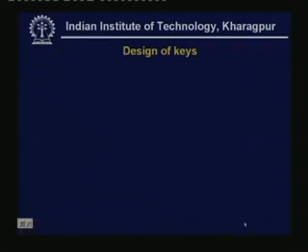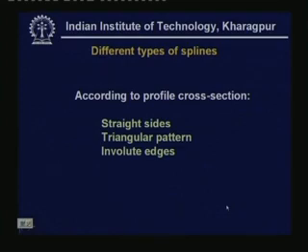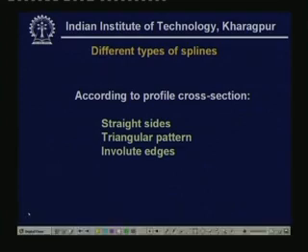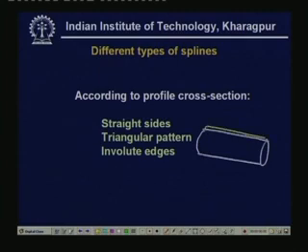Now, let me go to the splines. Splines are again a number of keys which are integral parts of the shaft. So, what is done is that, let us consider the shaft here. In one shaft a number of keys are machined.